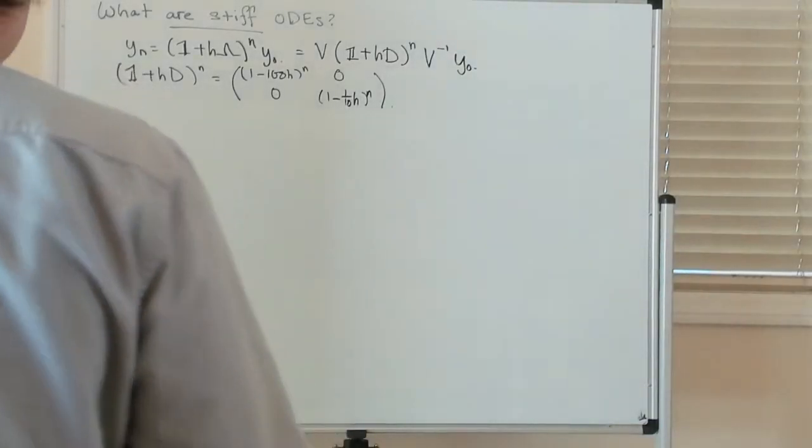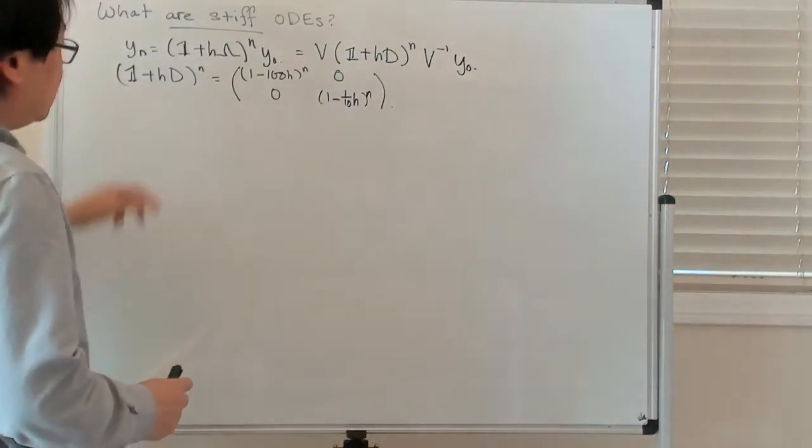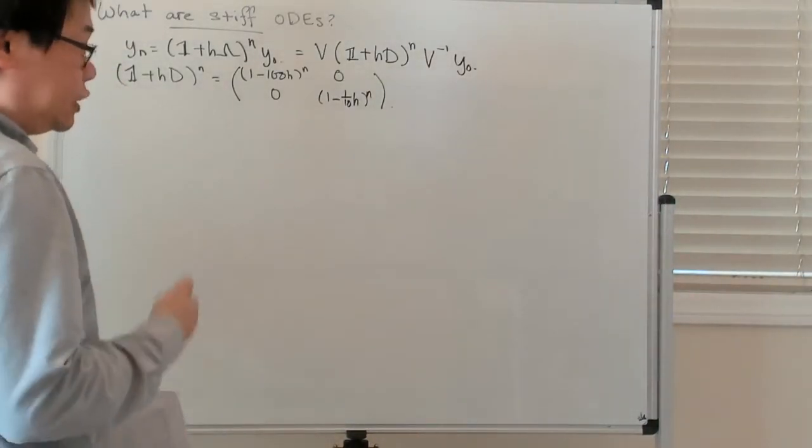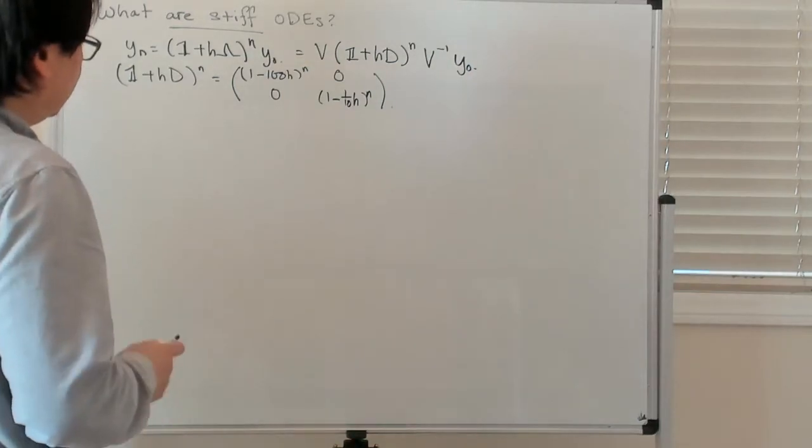Okay, so let's see what happens now with the Euler discretization applied to this stiff problem.